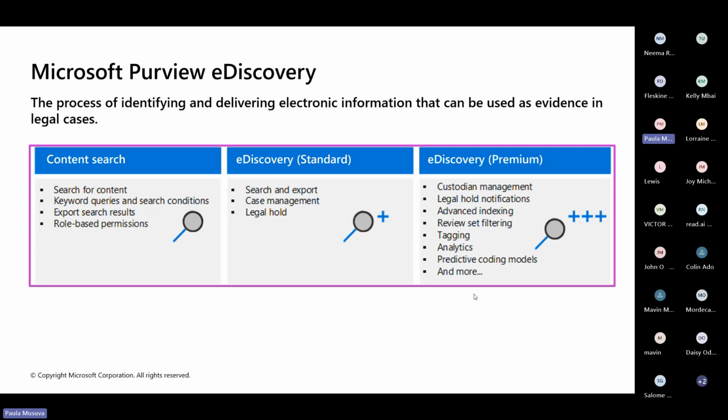Maybe they could be related to legal, and you've identified those as the people of interest that need to access particular content. You can see also filtering, tagging, analytics, predictive coding models. So all these are features that are built in. Yeah. So anyway, these are subscriptions at either the standard or the premium.